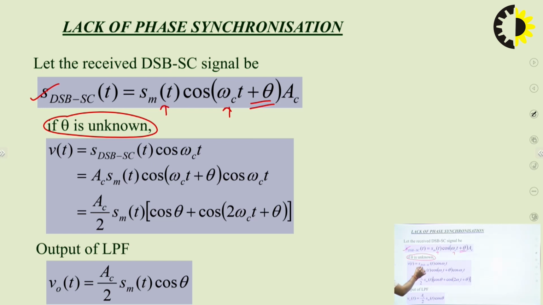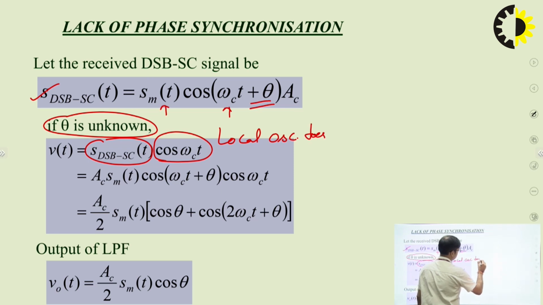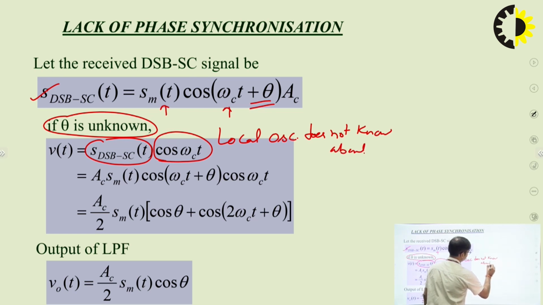This is our double sideband signal and this is our local oscillator. And now this local oscillator does not know about theta. Because there is no synchronization, the oscillator at the receiver end doesn't know about this variation theta. Now what happened due to this theta? Let us see.